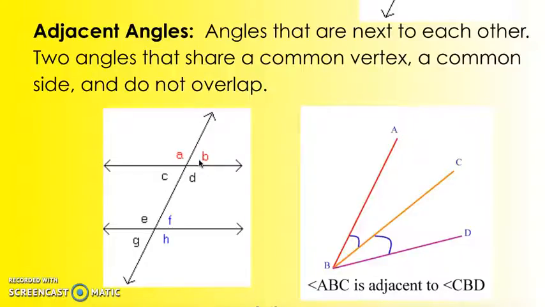Sometimes they're both 90-degree right angles, but in this case, most of the time they are not equal. Same thing is true for this angle right here, A, B, C. That is right next to this other angle, C, B, D. They are right next to each other, so we call them neighbors, and they're adjacent angles.